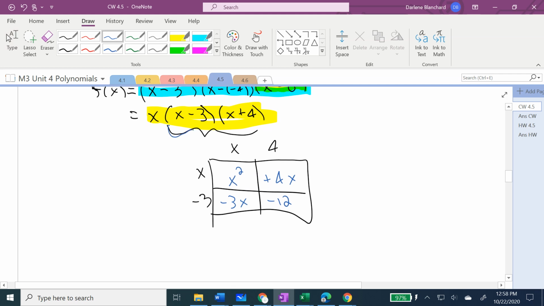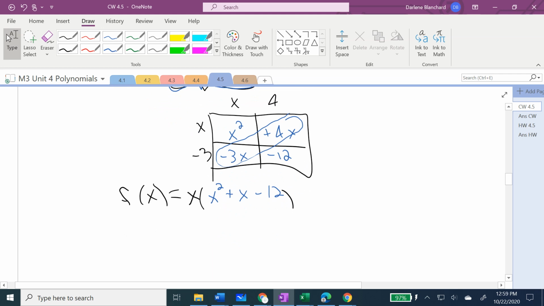So this part needs to be brought back with what we already had. We already had x times, and then we just found that when you multiply these two, we get x squared. And you can go ahead and just add the like terms together. Negative 3x plus 4x makes positive x, and then minus 12.